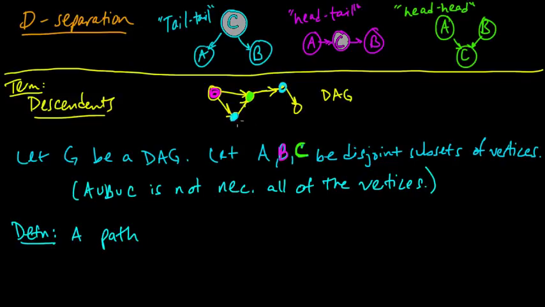A path is a sequence of vertices for which there is an edge in the graph for each pair of successive vertices in the sequence.